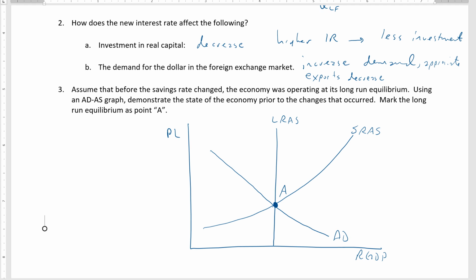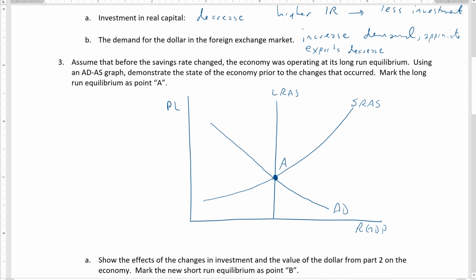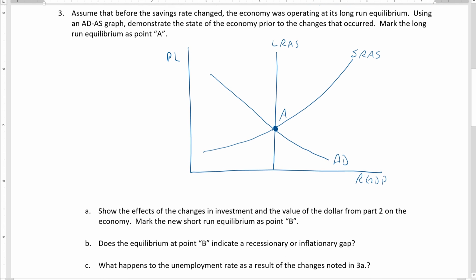It didn't ask me about exports in number 2, part B, but I want y'all to make note of that because the aggregate demand curve is going to shift left, not just because there's less investment, but also because there's going to be fewer exports. Okay, so here's our new equilibrium. All right, point B, so we've done that.